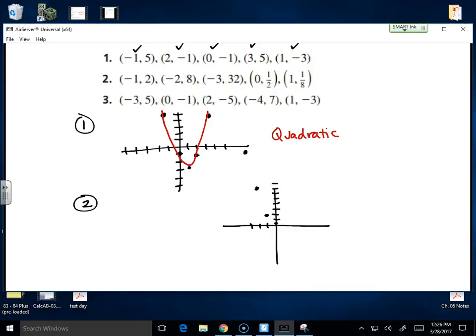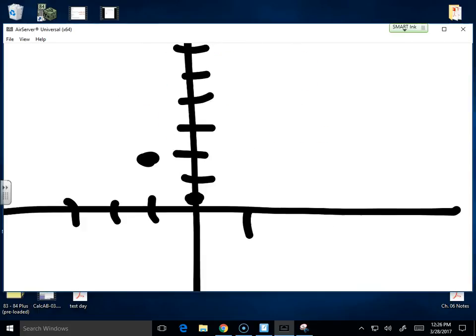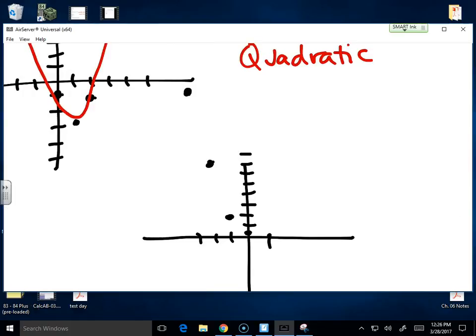Okay, focus on it. 0 is 1/2. What else am I missing? 1 is 1/8. How did I graph 1/8? I put it way down here somewhere, very low. Can I connect this with a line? No. Can I connect this with a parabola? No, they don't show me anything going up.